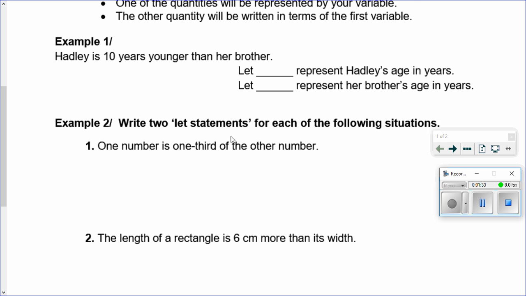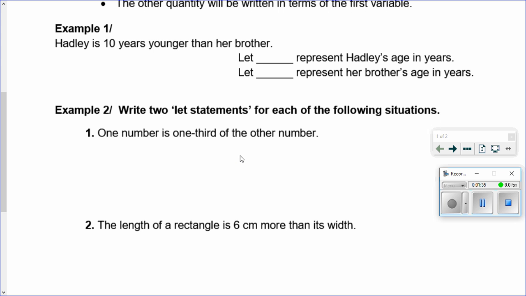Hadley is 10 years younger than her brother. So let's define H as Hadley's age. So if Hadley is, well, however old Hadley is, we don't know the brother's age, so I'm going with B. We could just simply define our variables that way.